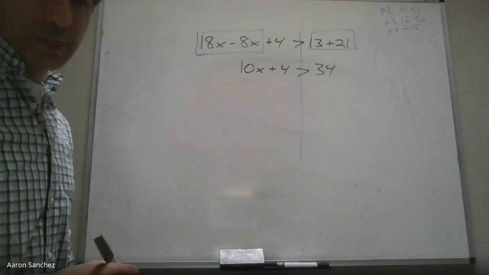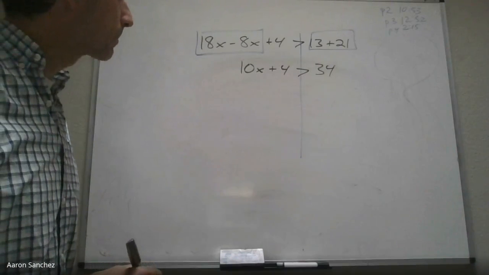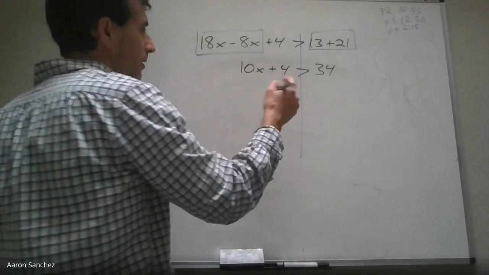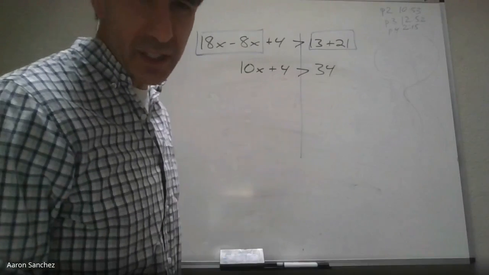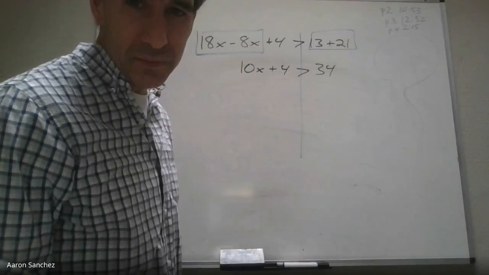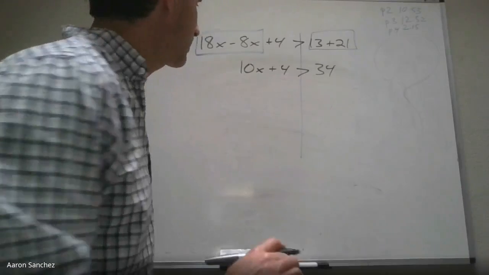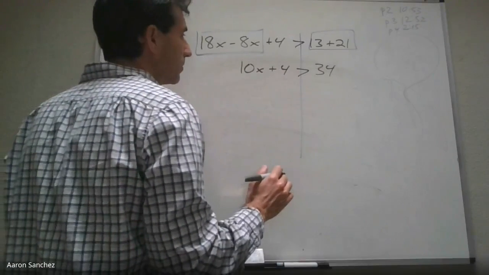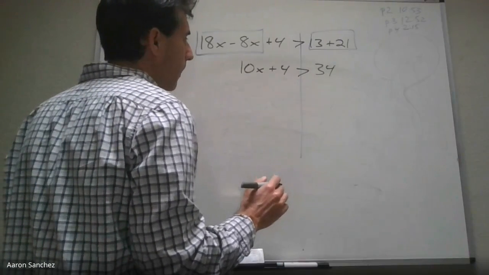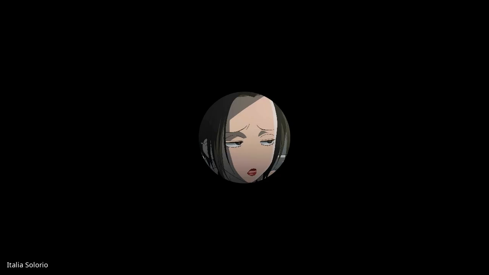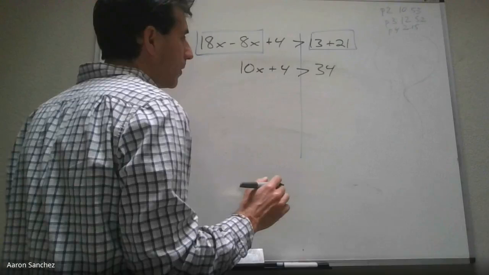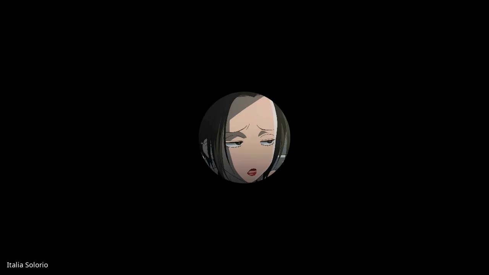Right? Did you guys get that? And then, all right, what do I do next? Italia, what do I do next here? Sorry, I'm focused on my cousin right now. Okay, can you focus on this or no?